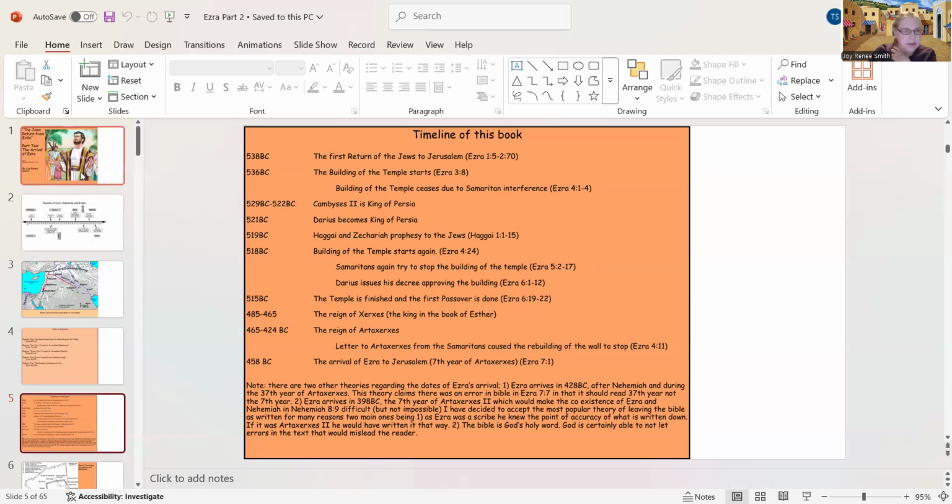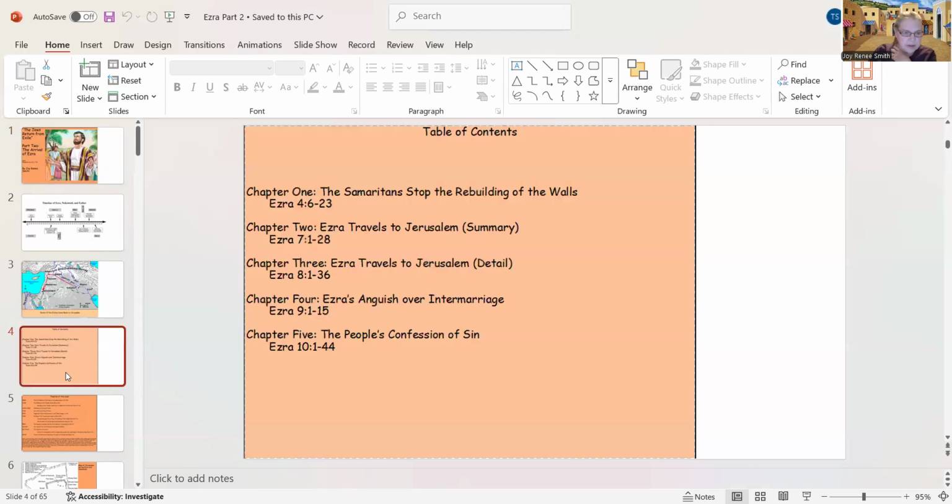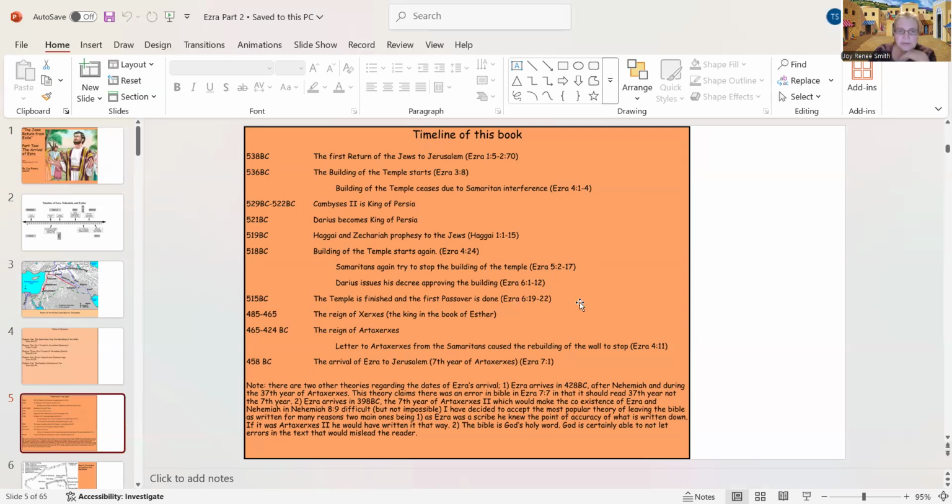Am I right? Well, actually later than that too. Okay, I see the reign of Xerxes there. So now we're in the reign of Artaxerxes, 465 to 424 BC. That's where we are.